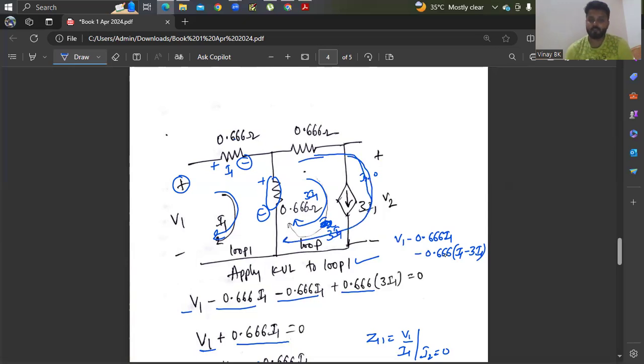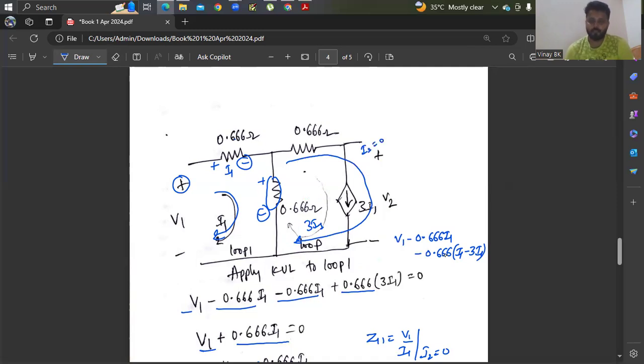But current flowing through this is 3I1. If you are getting confused, I will write once again. Here current flowing through this is 3I1, but I2 is 0. Therefore, you need to consider like this. Current flows, this is 3I1, I2 is 0.